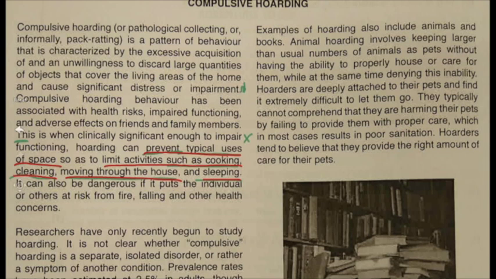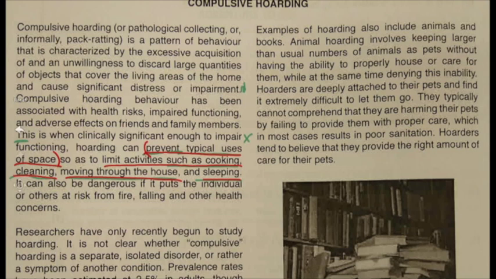Now what is left is for you to select the information that is necessary and fit it into the space that you've been given. So you can take the answer from here up to here, because it says prevent typical uses of space. That's one thing it does. It can prevent you from using space.